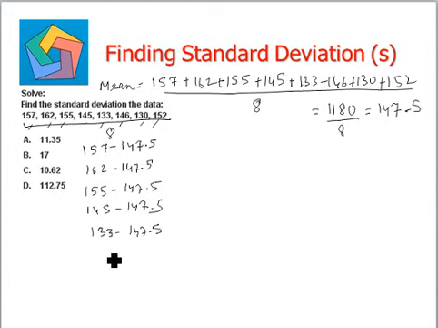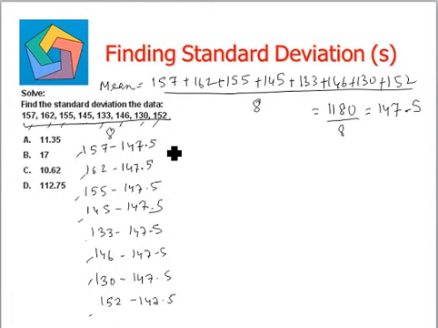Then we have 146, 130, and the last one is 152. Let's see if we have done a total of 8: 1, 2, 3, 4, 5, 6, 7, 8. Yeah. So the first difference is 9.5 and we square this, we get 90.25.